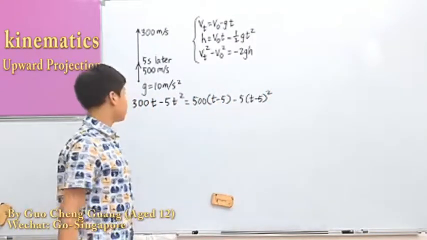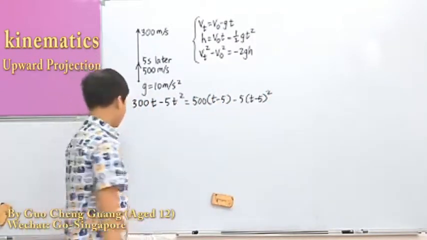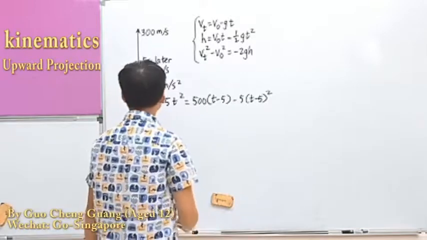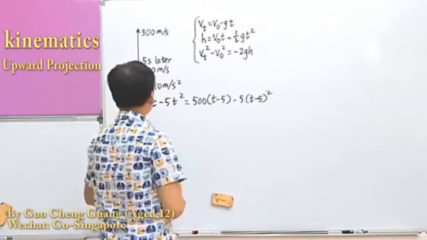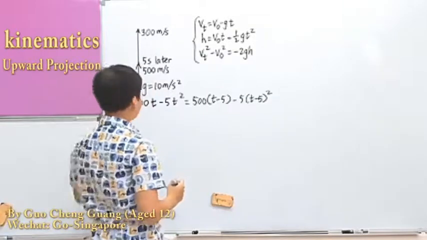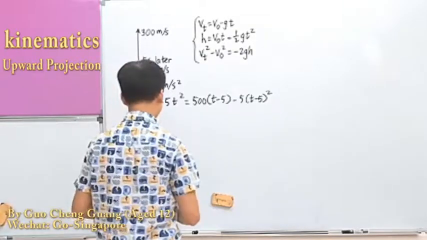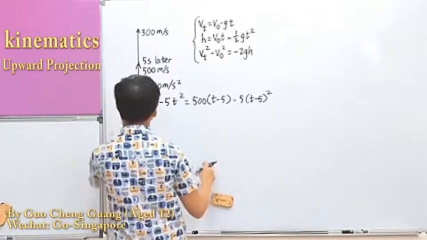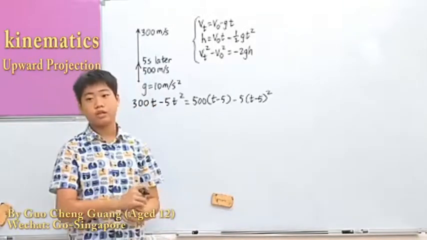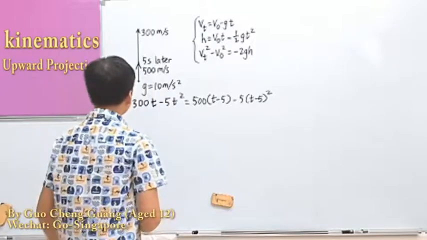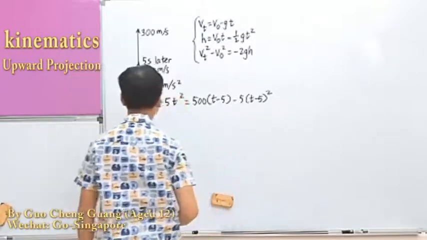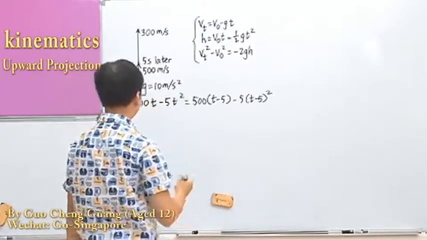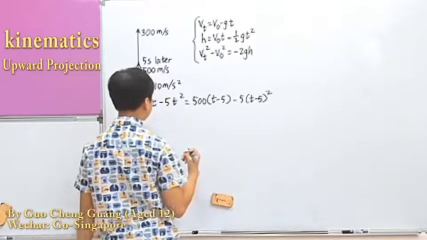This is what we will have if we calculate it like this, from the first bullet, where the time starts straight from the first. From this part, we're just going to solve these equations.